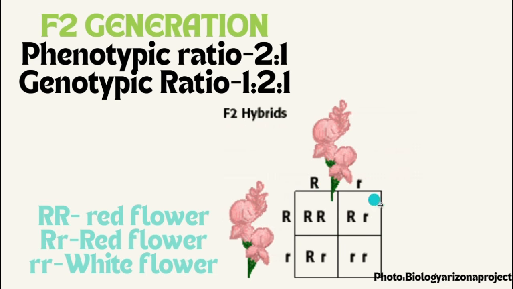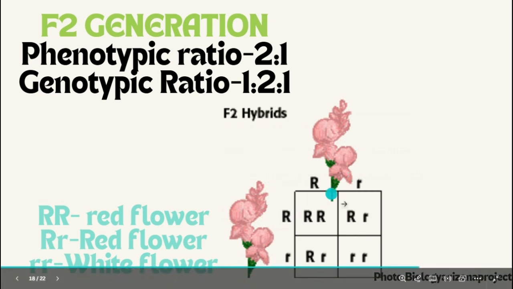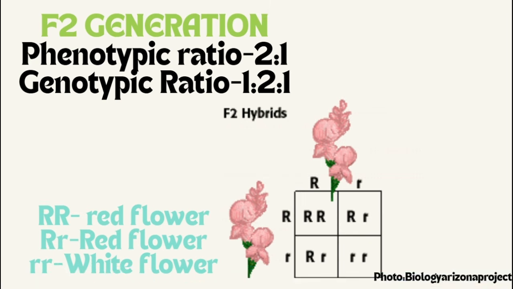If we want to predict the next generation, we can do a cross, and that's what we're going to do now. We basically use a Punnett square to do it. It's very easy, not hard.